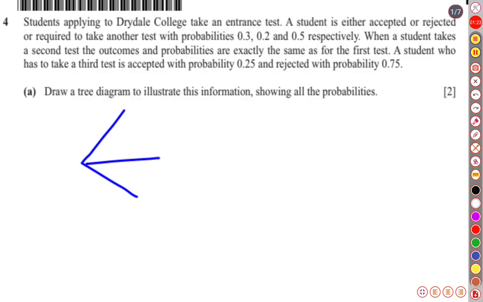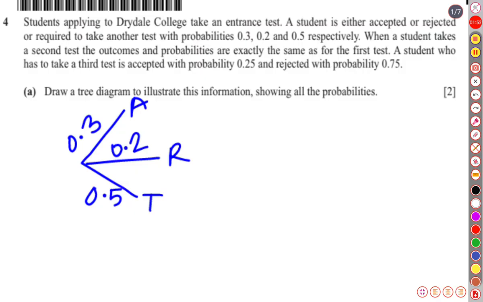The candidate may be accepted or he may be rejected, and if rejected then he will have to take the next test. So the acceptance probability is 0.3. If rejected, the probability is 0.2. If he needs to take a retest, then it is 0.5.